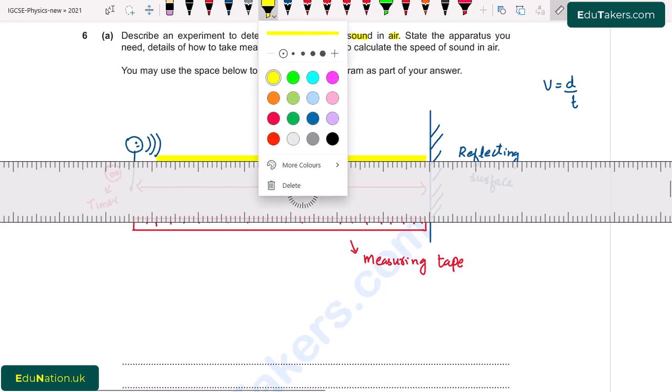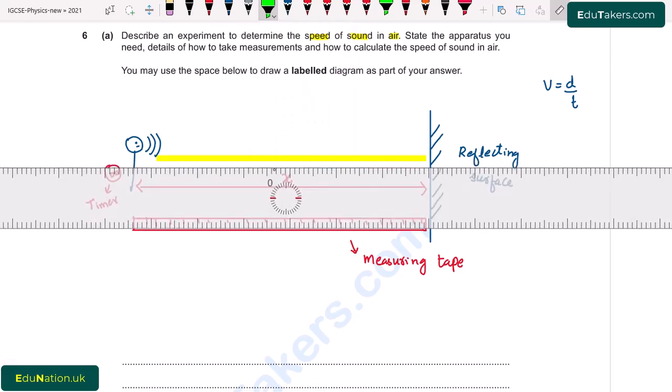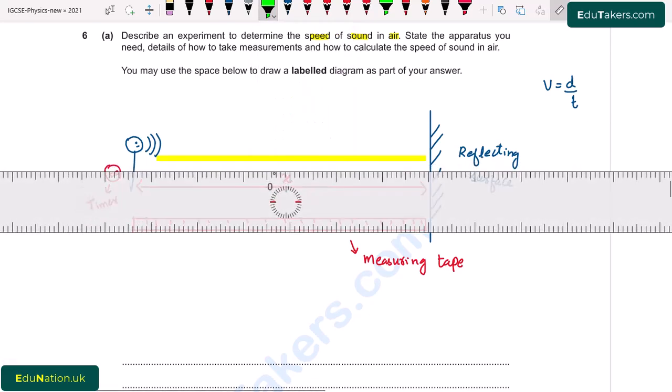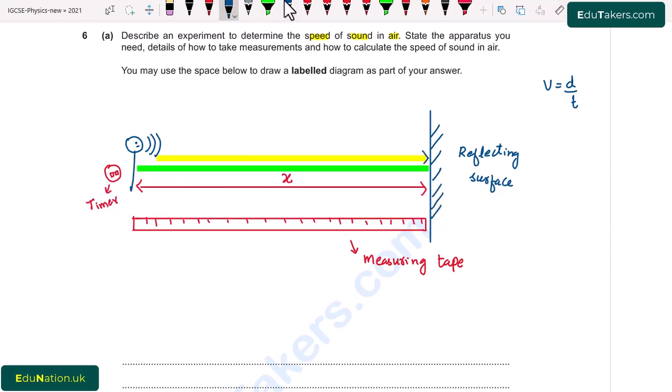Then when they come back, they will be just like this. So it's the incoming sound wave, and these are the back-going sound wave. So with the help of the measuring tape, we can find out the distance between them.